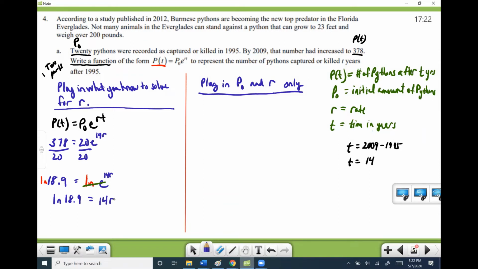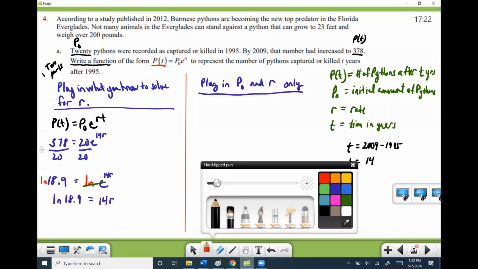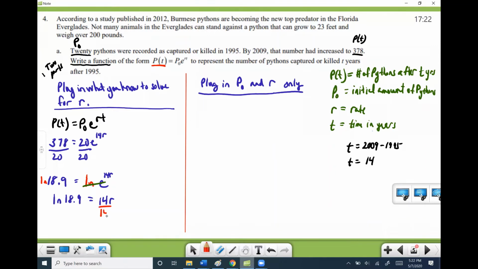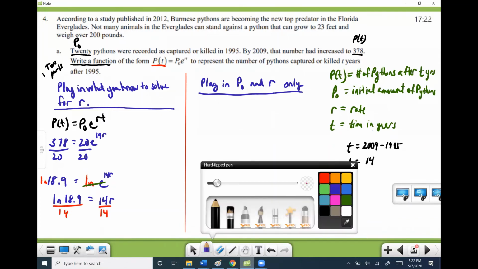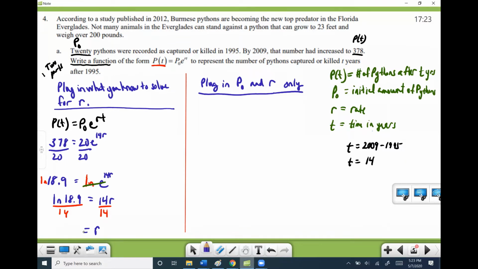Do I want to know this growth rate for these pythons? They're going to gross me out. All right, divide by 14, divide by 14. Let's hope it's not a super big number. Okay, so natural log of 18.9 divided by 14.